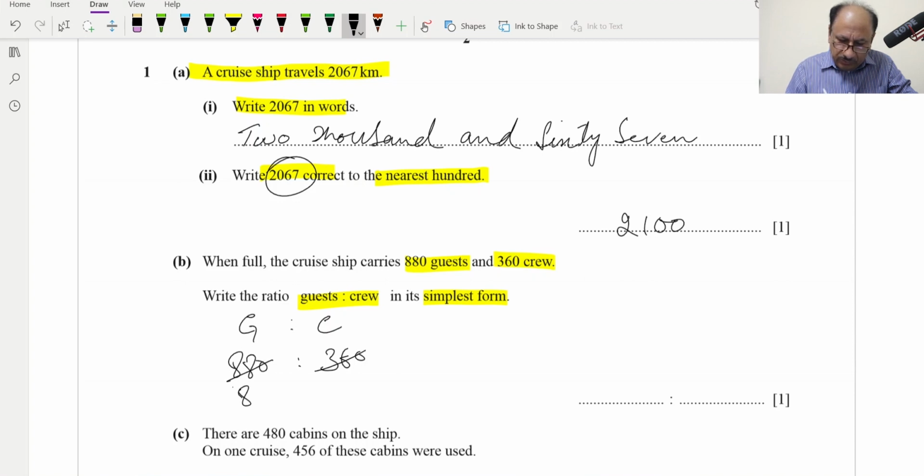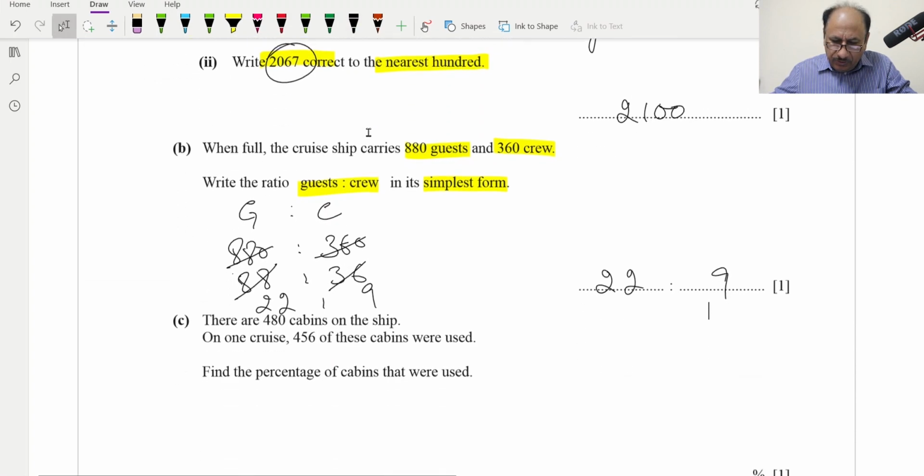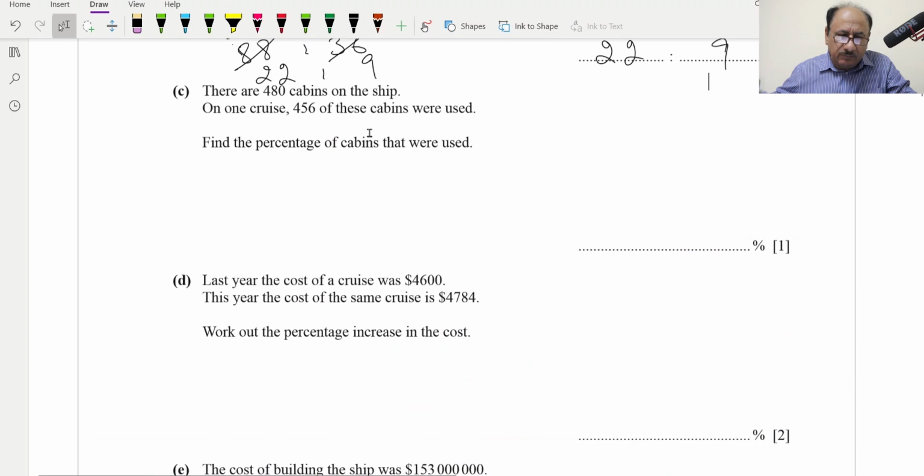So this will be 88 is to 36, and then we can divide by 4. So 4 nines are 36 and 4 twos are 88. So this will be 22 ratio 9. This will be the simplest ratio which cannot be further simplified.